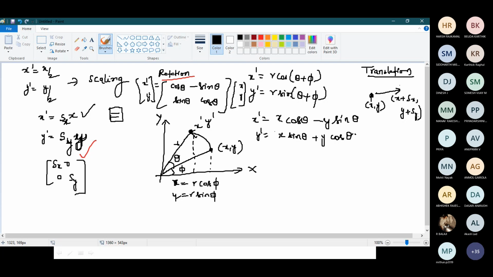We can represent this as x prime, y prime, where x prime is x plus sx and y prime is y plus sy. This also we can represent in matrix form, with our x, y and our x prime, y prime.